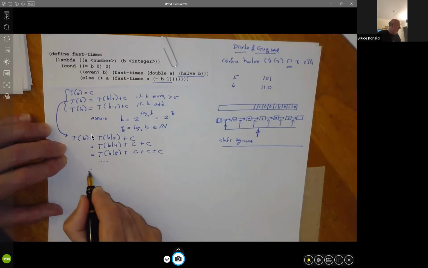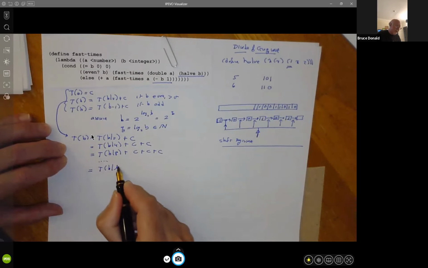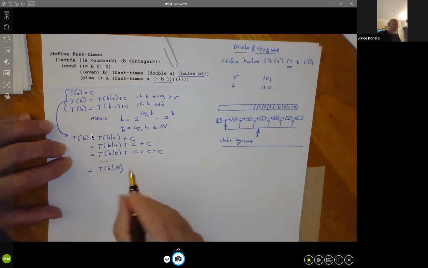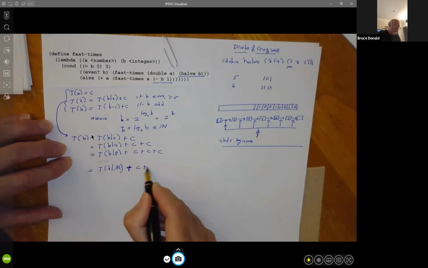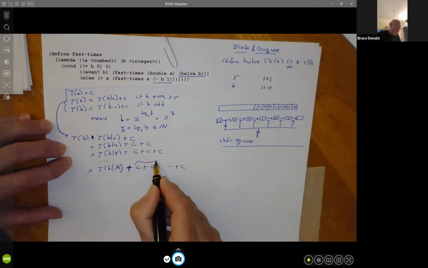Let's look at an intermediate value, t of b over some constant k. Now k, I'm going to assume, is a power of 2. It's just some other value like 2, 4, or 8. This will then look like plus c plus c plus c like this, where there are a bunch of these. How many of these?